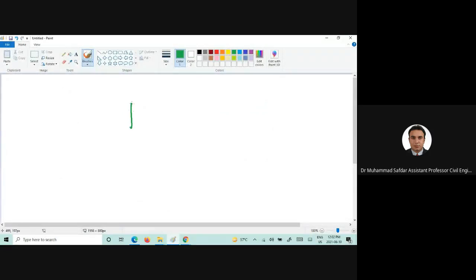We are interested in the modulus of elasticity, or the stress strain behavior, which we get from the soil in the vertical direction.